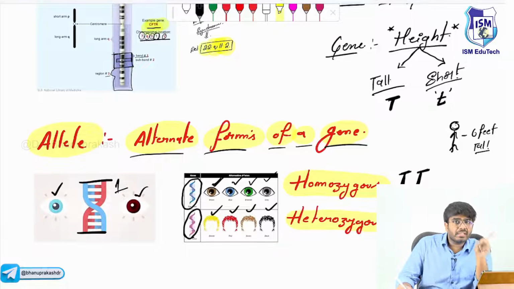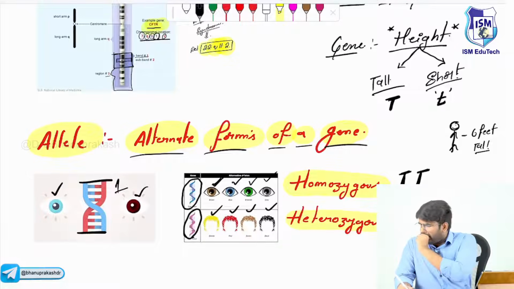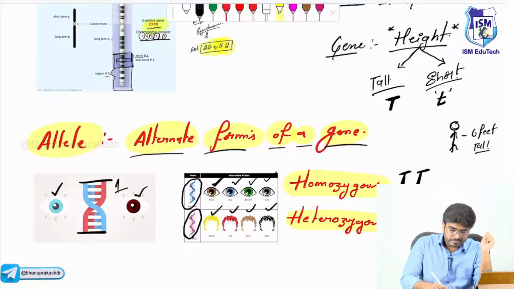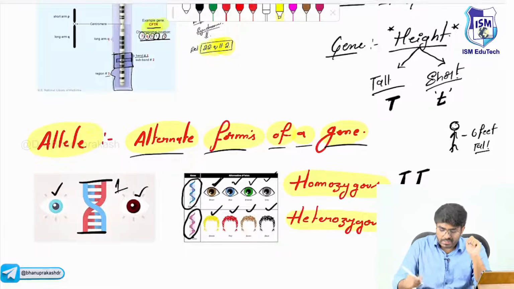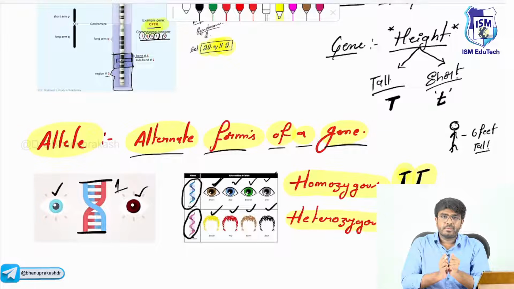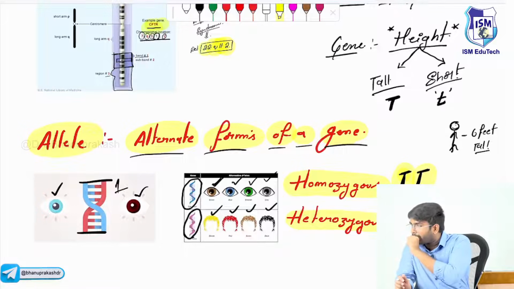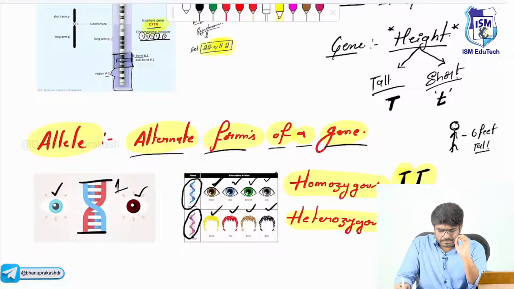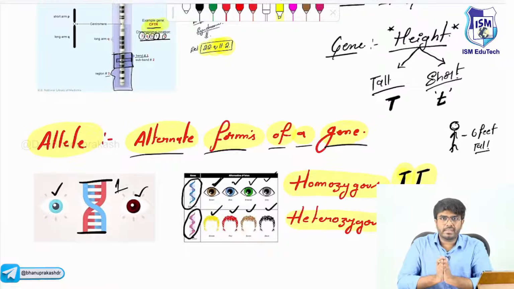Two copies, one from the mother and one from the father. Both the genes are coding for tallness. So he is homozygous. Why am I saying it's homozygous? Because both are capital T, capital T.